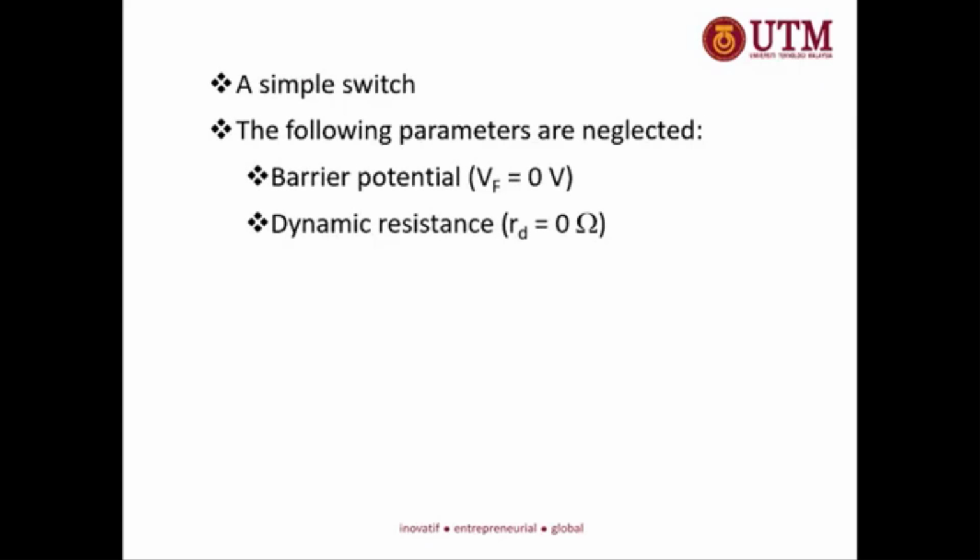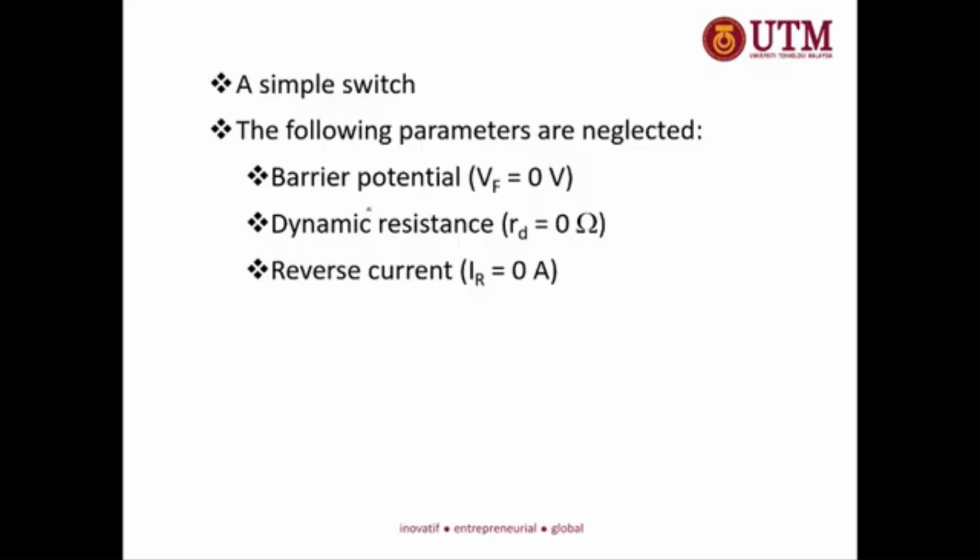Okay, so in the ideal model we neglected several parameters. One is the barrier potential. We assume that the barrier potential is 0 volt. But in an actual diode, the silicon diode has a barrier potential or knee voltage of 0.7 volt. And then we also neglect the dynamic AC resistance. This is what we discussed in the previous part, the average AC resistance.